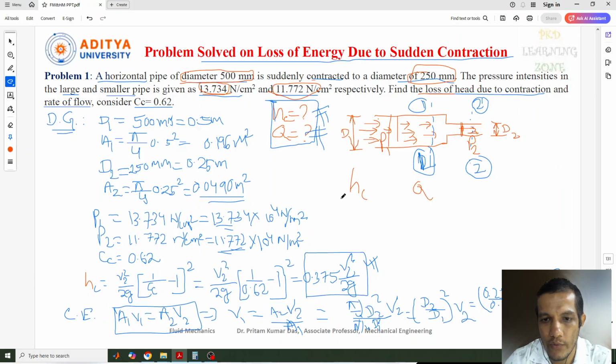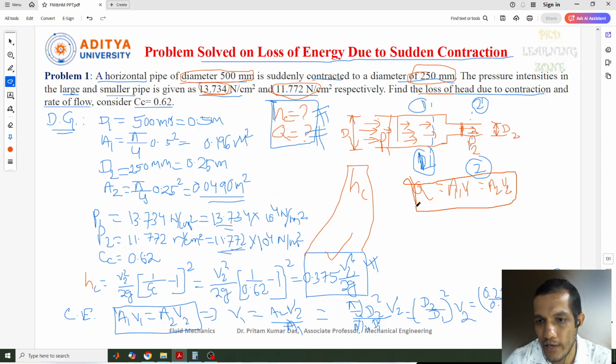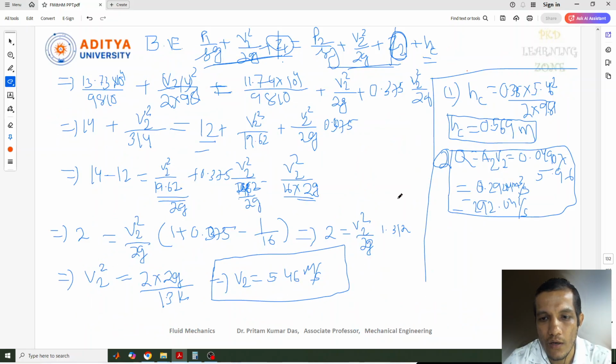So HC equal to, we know that formula, and Q equal to A1 V1 equal to A2 V2. To calculate Q, the rate of flow, we require the velocity, because diameters are given, so from that we can calculate the area, and pressure values are given. Now this is the value of HC, the loss of head due to sudden contraction. We need to find V2 square so that we can calculate Q as well as the loss of head.